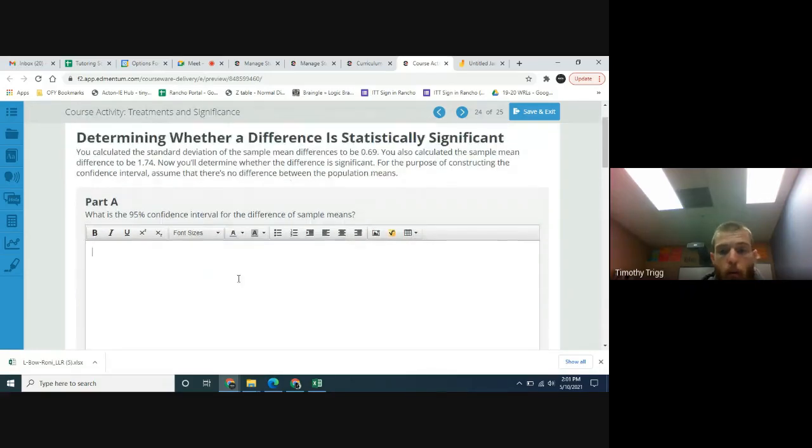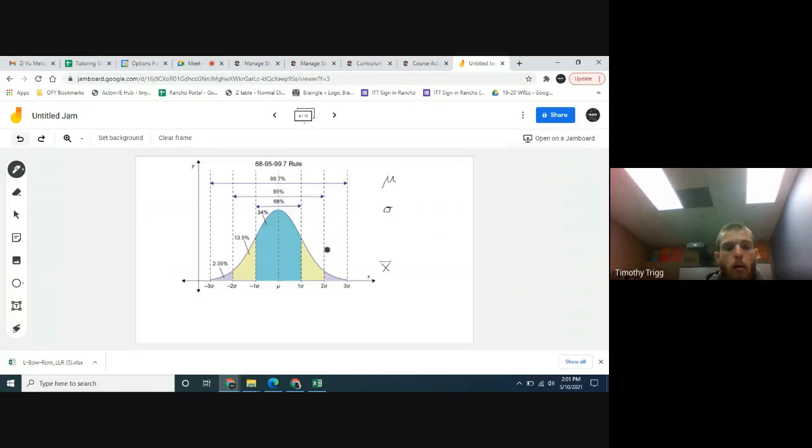Okay, so for a 95% confidence interval, they're using the number 2. So why are they using the number 2 for a 95% confidence interval? Well, because for 95% confidence, that's 2 standard deviations away.